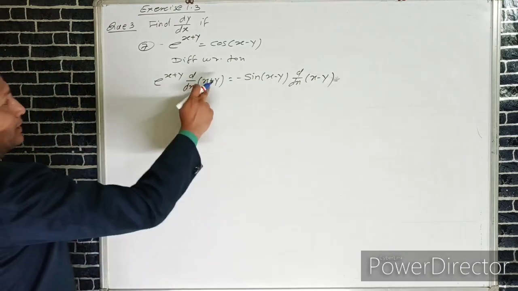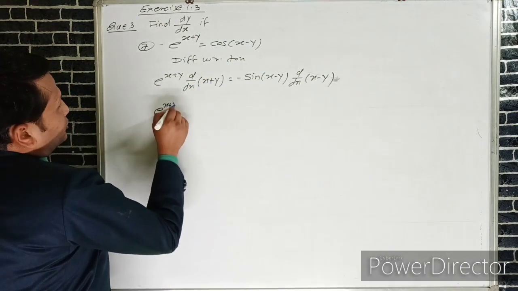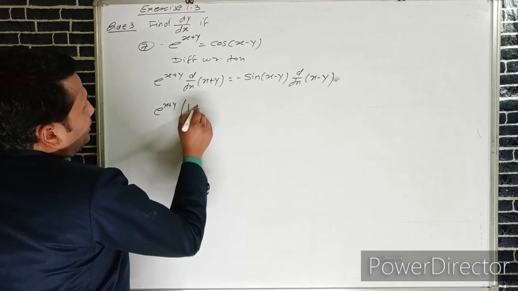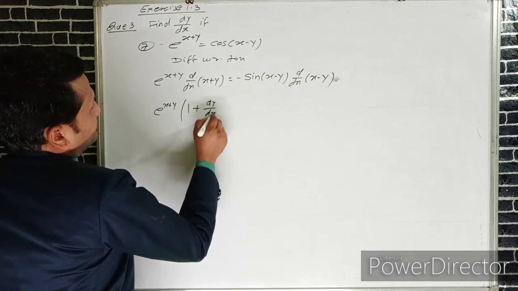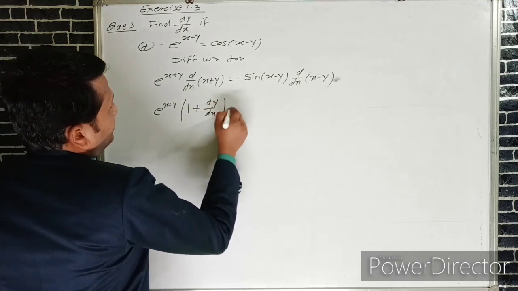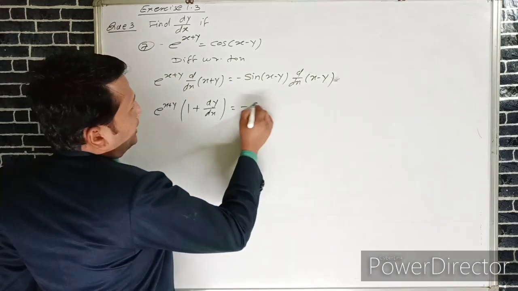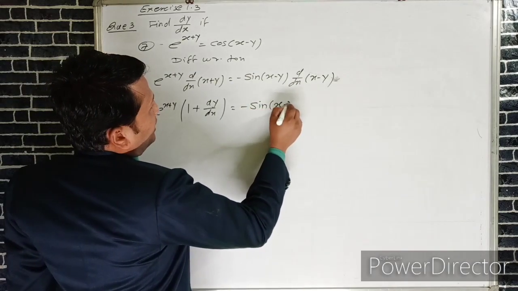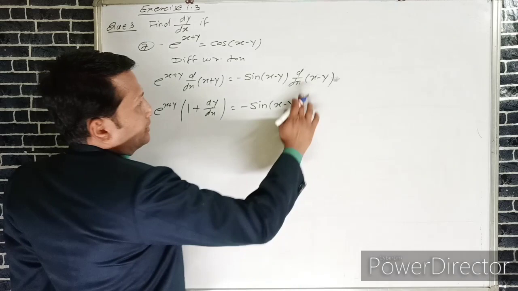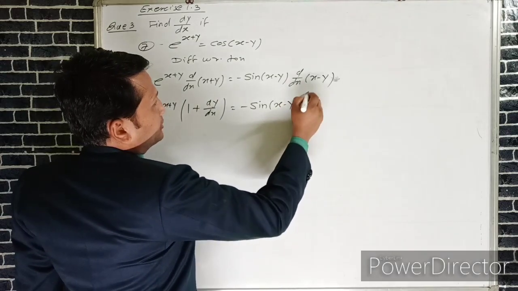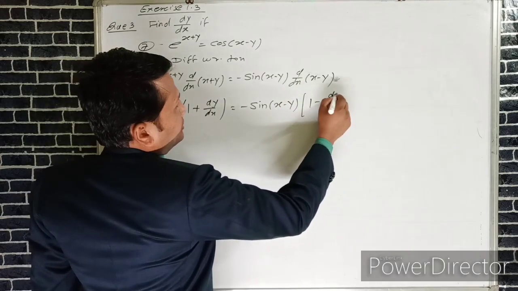We can write here the derivative of e to the power x plus y into the derivative of x is 1 and y is dy by dx, is equal to minus sin of x minus y as it is, and the derivative of x, which is 1, minus dy by dx.